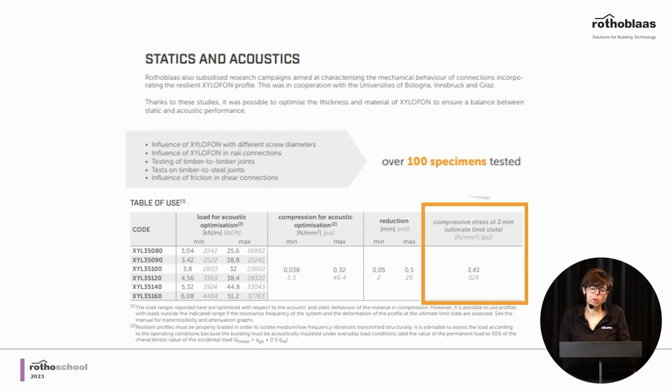And we can also provide the compressive stress at 3 millimeters, so the value, the performance of the resilient interlayer at the ultimate state. This is the value that needs to be used by the designers of the structures. So this is the value from a static point of view, which is very, very different, as you can see, compared to the acoustic load that needs to be applied, because this is, of course, with safety coefficients and so on.